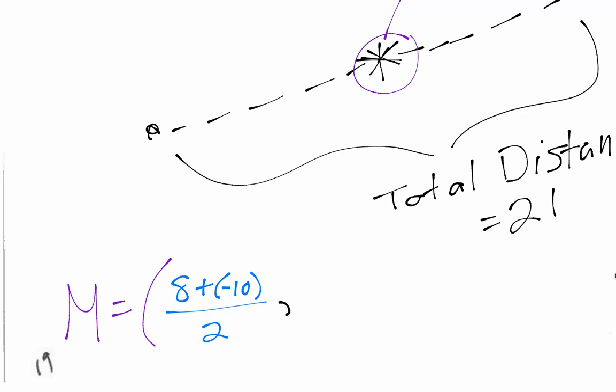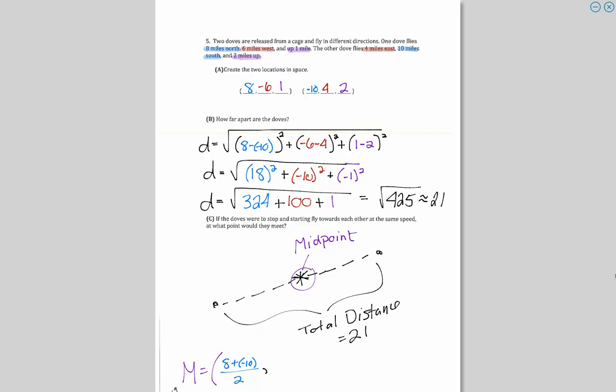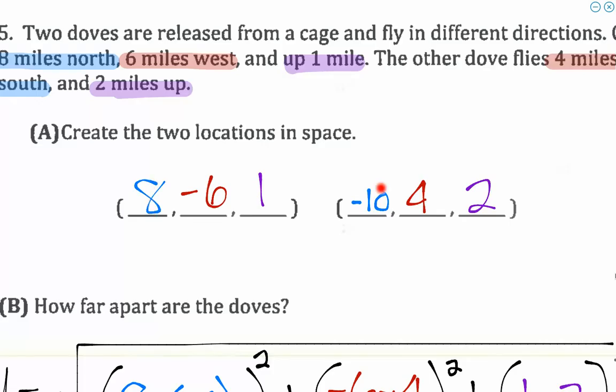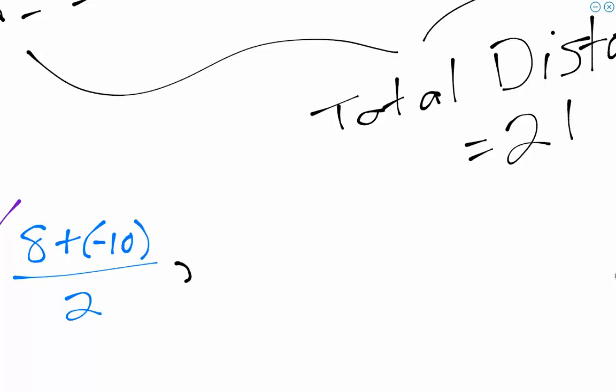We're going to add, and I'm looking up here, so we just added 8 and negative 10. Now we're going to add negative 6 and 4. And then we're going to add 1 and 2.